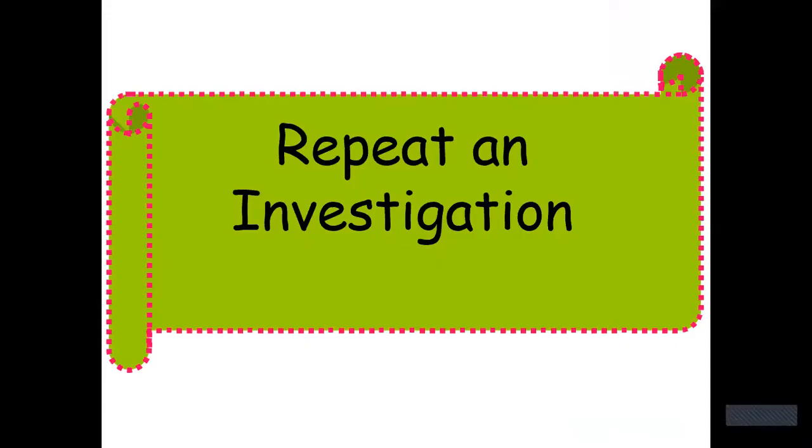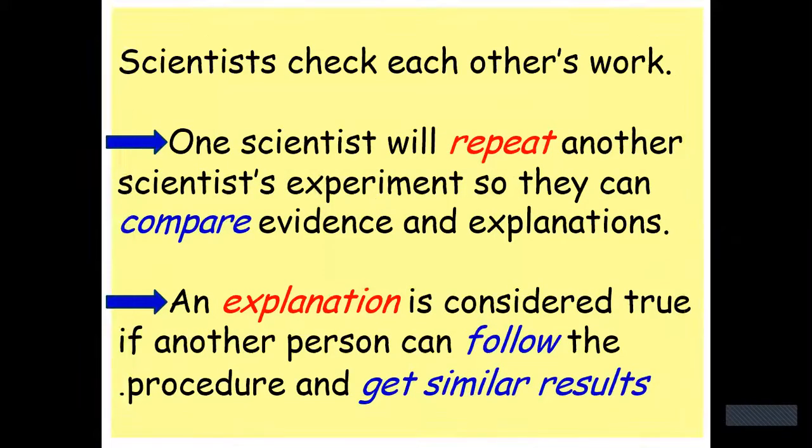Now, repeat an investigation. Scientists check each other's work. One scientist will repeat another scientist's experiment so they can compare evidence and explanation. What is the meaning of an explanation?